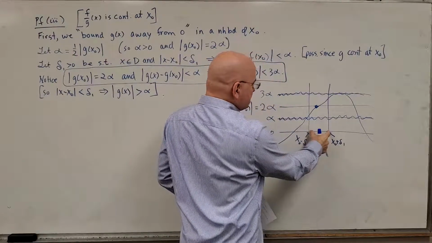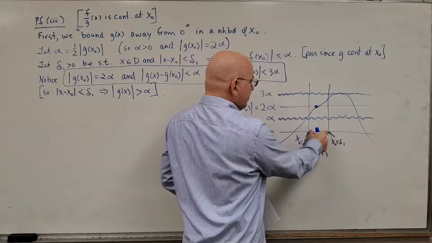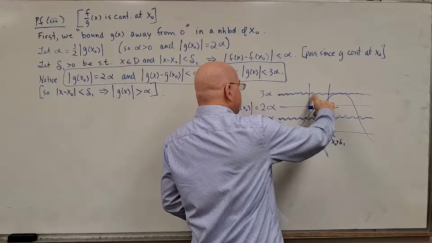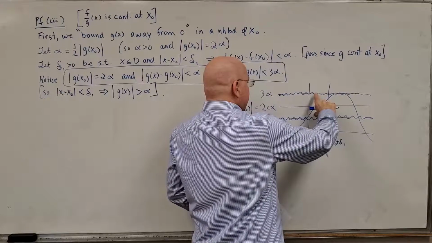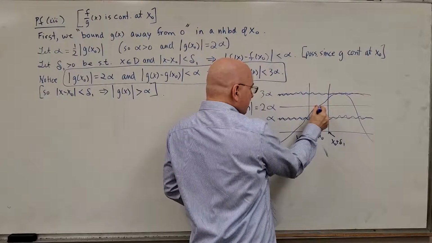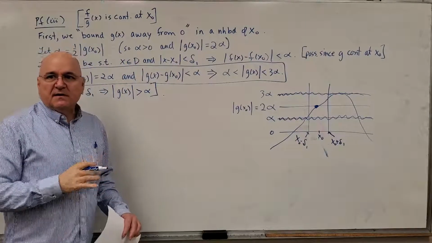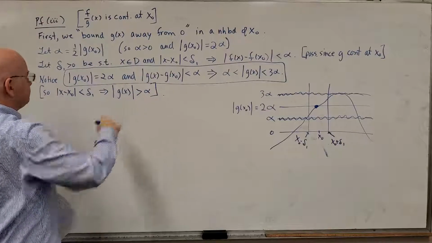So if you're caught in between x naught plus and minus delta, the height of the graph is in between alpha and 3 alpha, because it's within a distance of alpha of this point right here, which is 2 alpha. So any questions on the picture? I think it explains fairly well why this is true.